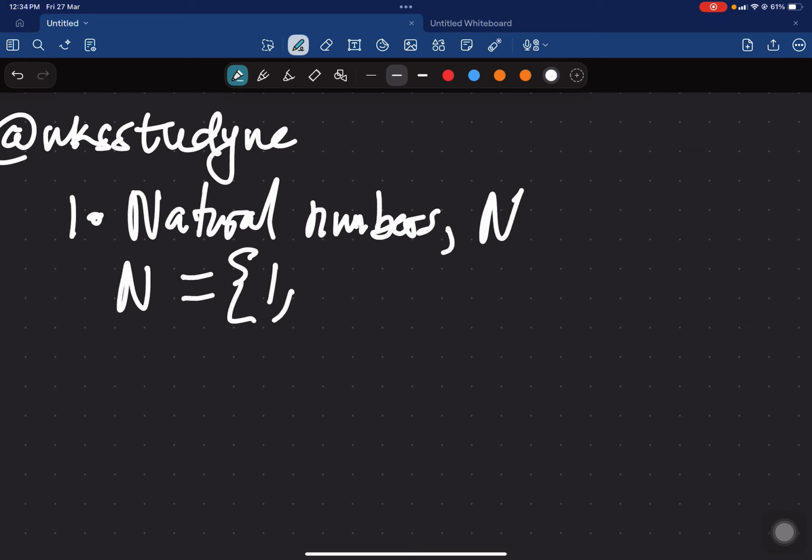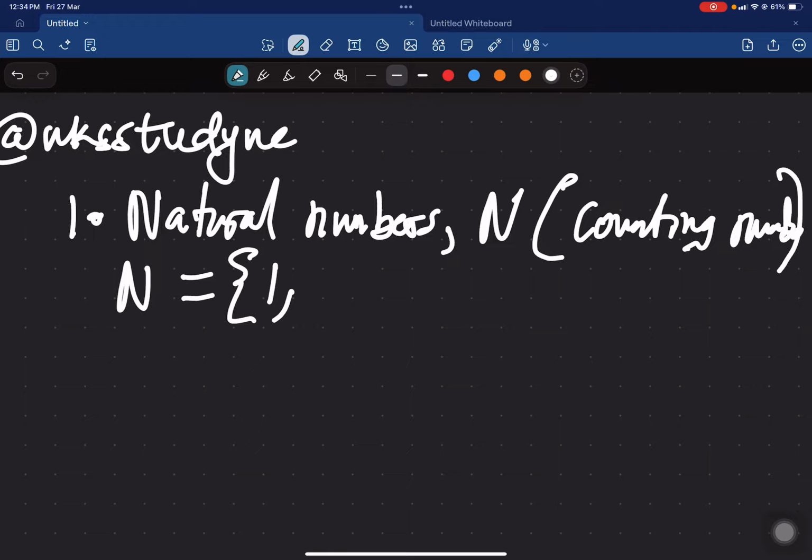We also call these counting numbers, since counting starts from 1. So the set of natural numbers can be represented in this form: 1, 2, 3, to infinity.